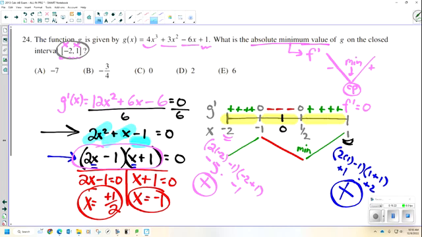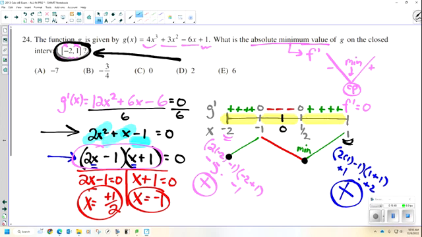Now, it looks like I have a minimum value right here. However, since I have endpoints, I got to check the endpoints to make sure that they are not lower than my minimum. The only endpoint I got to check is this. This is a low point.